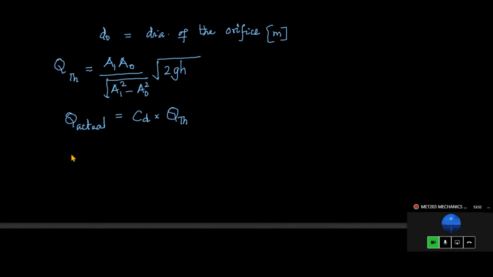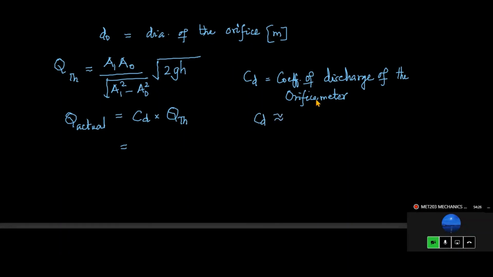Here we are talking about CD of the orifice meter. Earlier it was the venturi meter, here it is the coefficient of discharge of the orifice meter. We will wind up in a minute. Usually, for an orifice meter you can take CD approximately 0.62.